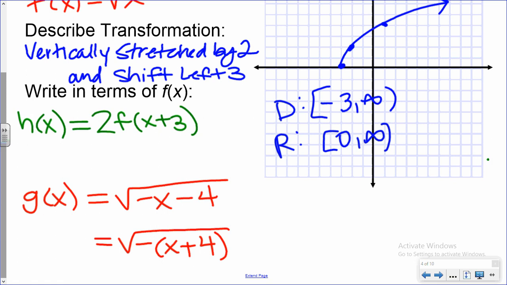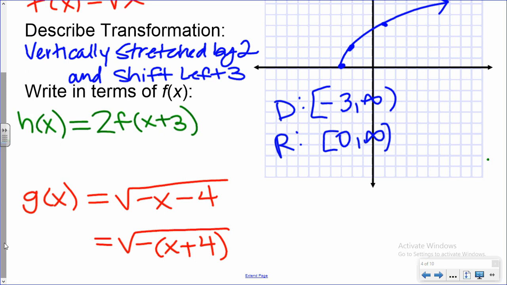That negative has to be factored out so that we can see this is really a shift left 4. Same thing would happen if this was like 2x minus 4. You would have to factor the 2 out. Any sort of coefficient has to be factored out so you can apply them separately.